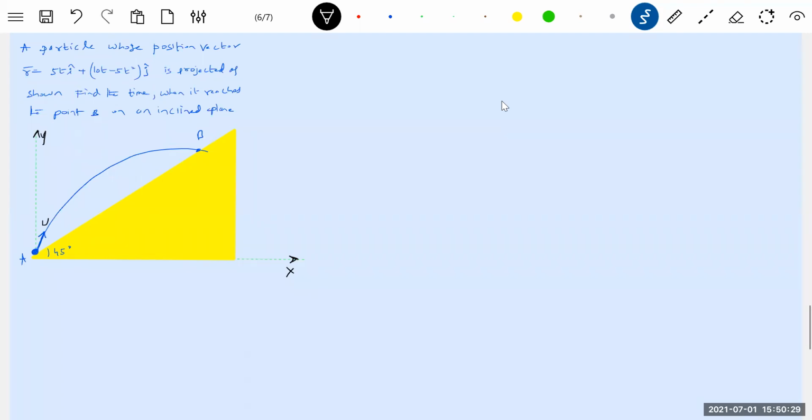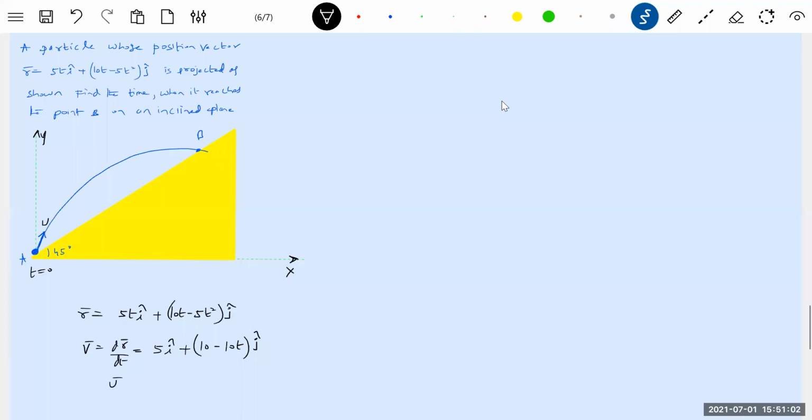Let's differentiate that. R bar equals 5t i cap plus 10t minus 5t square j cap. Velocity is 5 i cap plus (10 minus 10t) j cap. As shown, at t equals 0, let me put t equal to 0.